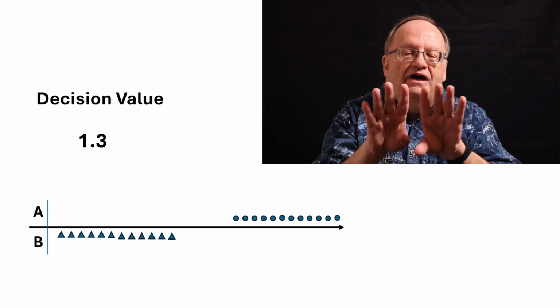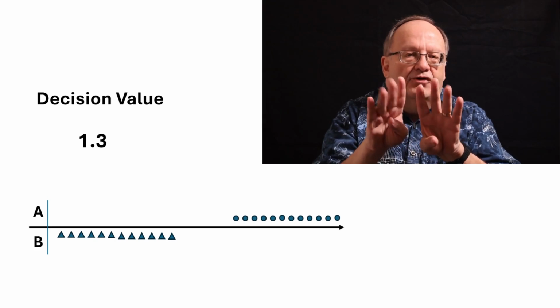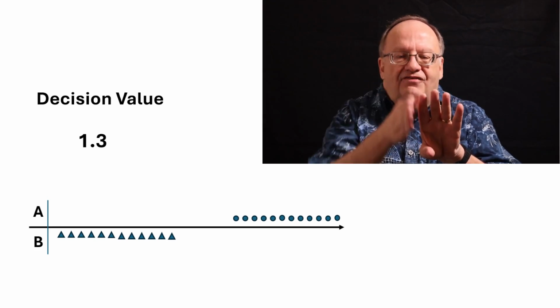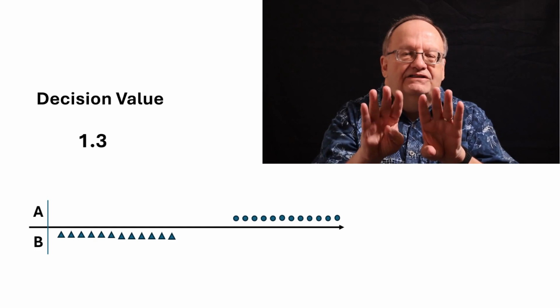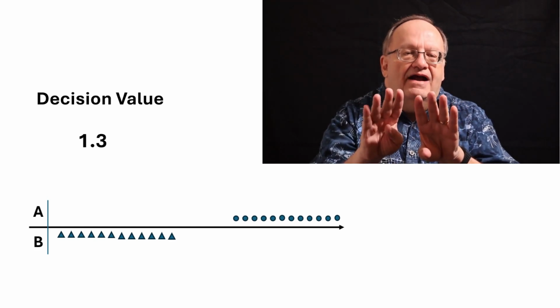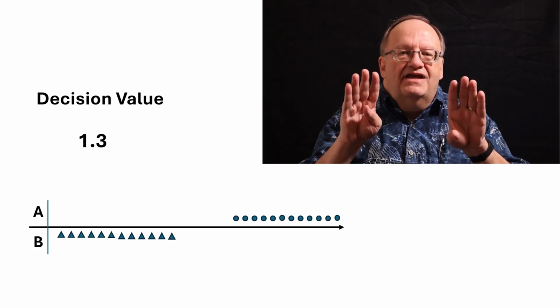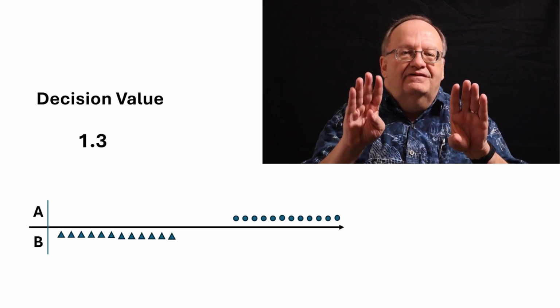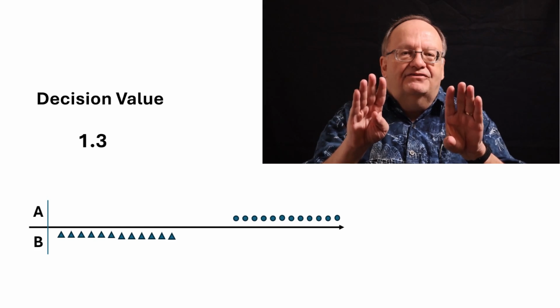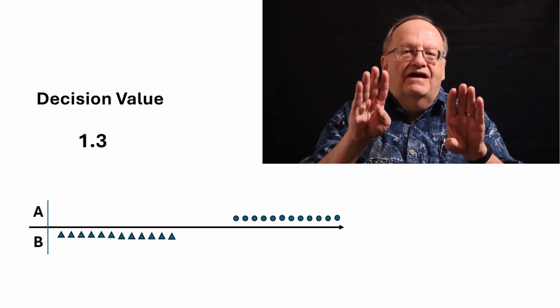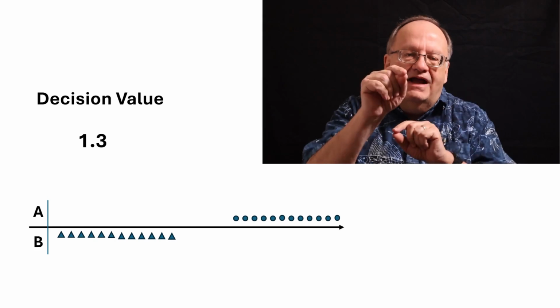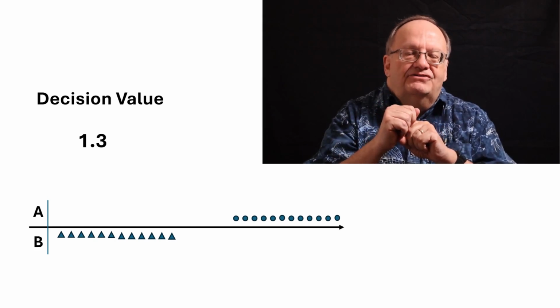If it's above 1, then they're separate. They don't overlap with each other. We can divide right here and get a good clean decision, A from B. Higher than 1, it starts to stretch out, and we love these because they've got a nice big gap. A nice big gap that makes it easy for us to recognize when we have A and when we have B. Go back and check the videos on how to compute a decision value.